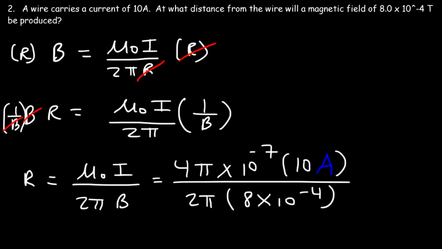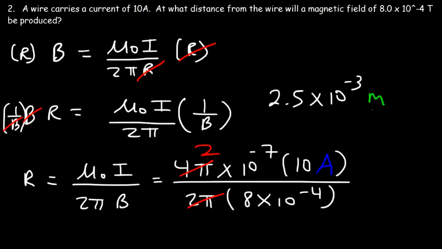We can cancel pi. In fact, 4 pi divided by 2 pi is just 2. So it's going to be 2 times 10 to the minus 7 times 10, divided by 8 times 10 to the minus 4. And this is equal to 2.5 times 10 to the minus 3, and the units is meters.